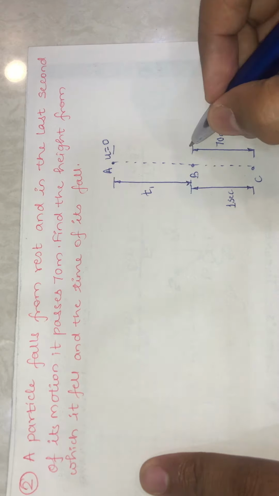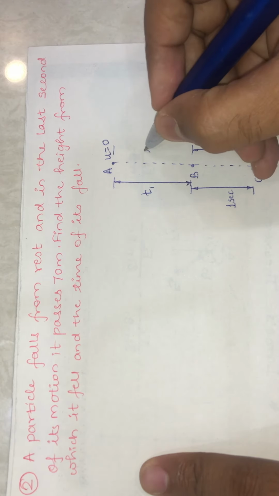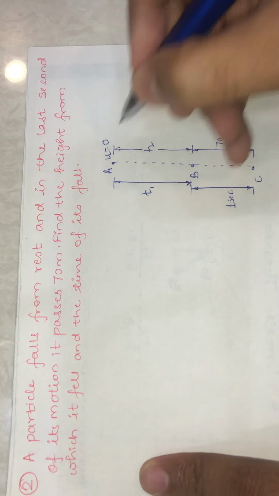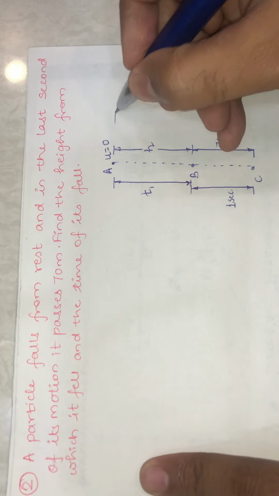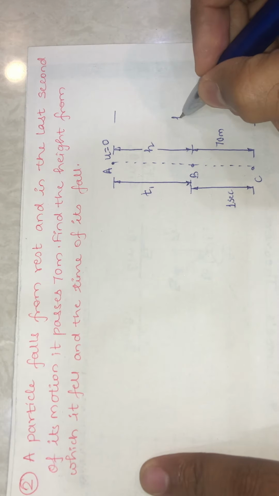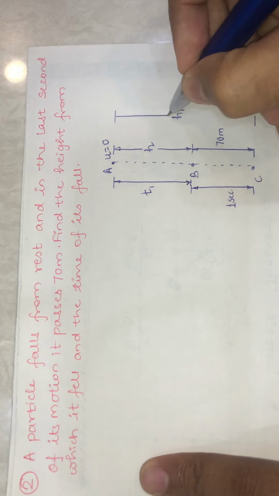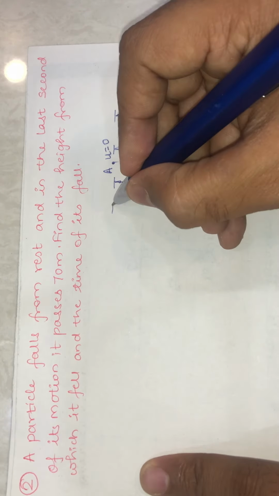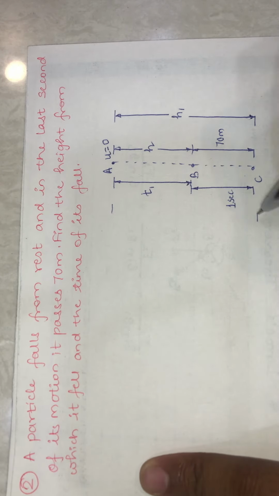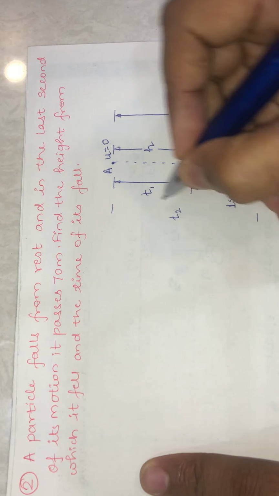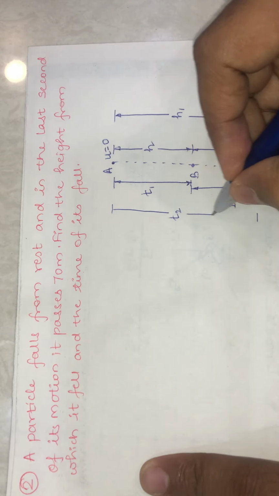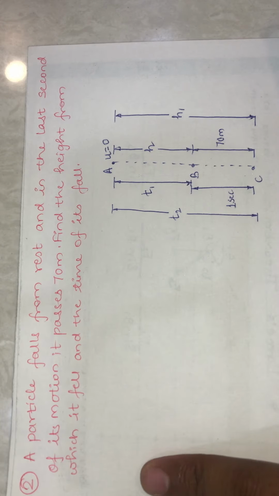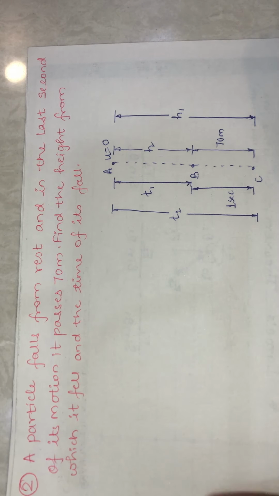Similarly, it has covered a distance of h from A to B. The total distance covered is considered to be h1, and the total time taken to cover the distance is considered to be t2. I hope you understood the diagram. Now let's start with the problem.